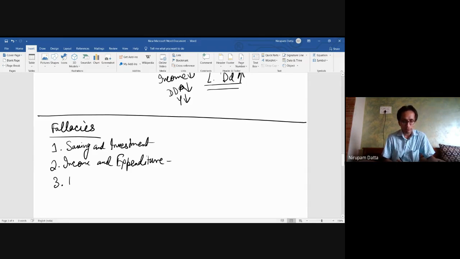Next comes your budget deficit. As a family, you cannot consistently run a deficit in your budget whereby your expenditure is more than your income. If you consistently run a deficit, then a time may come where nobody is willing to lend you money further.